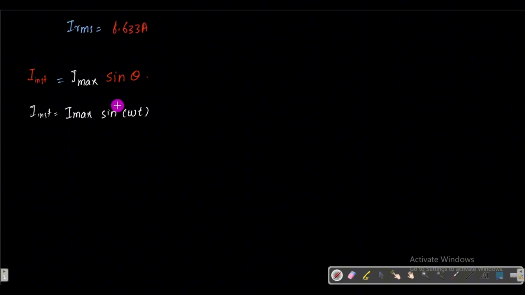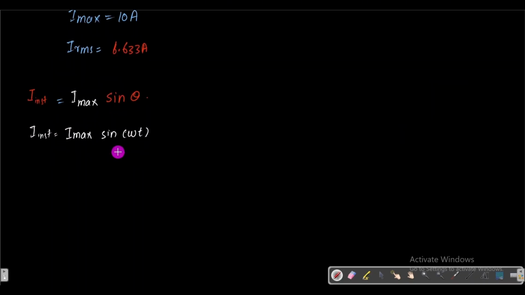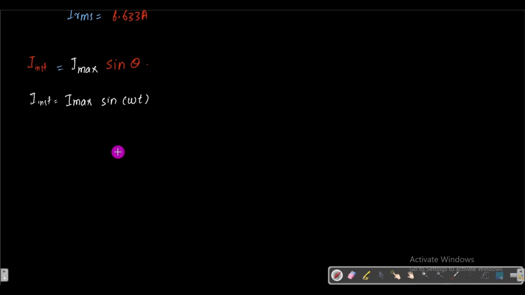Now let's consider the resistor and the power delivered to the resistor. The power delivered is given by P is equal to I square into R, the instantaneous value.